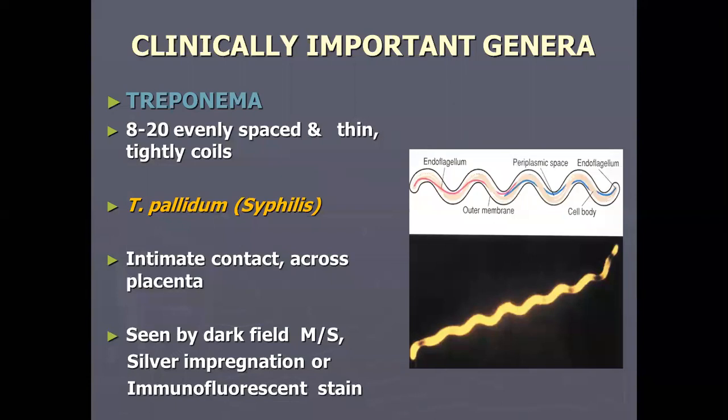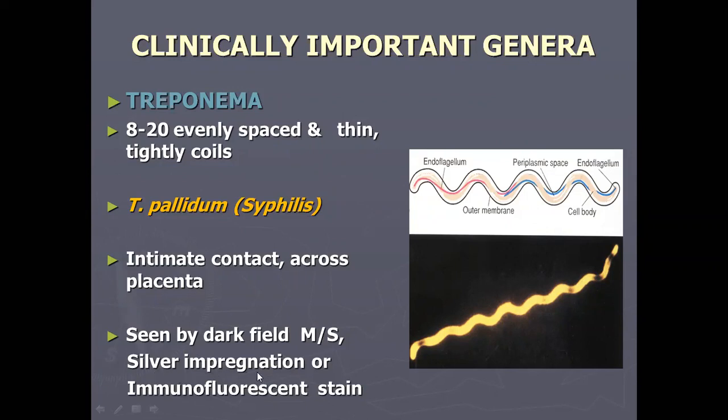Now, the Borrelia are a little larger, and they accept the Giemsa stain and other blood staining procedures, and we can see them under the standard light microscope. But the Treponema and the Leptospira are so small that they cannot be seen. We have to go for dark field microscopy or silver impregnation, what we call silver staining.